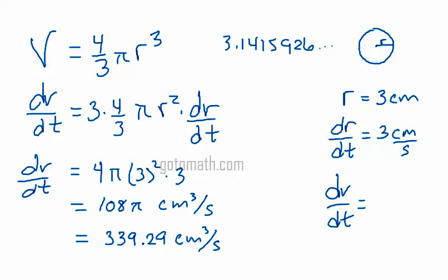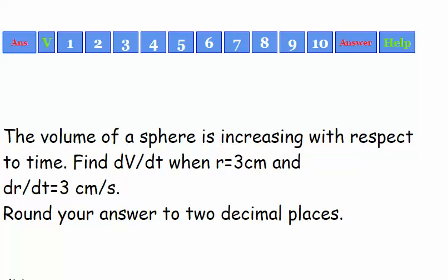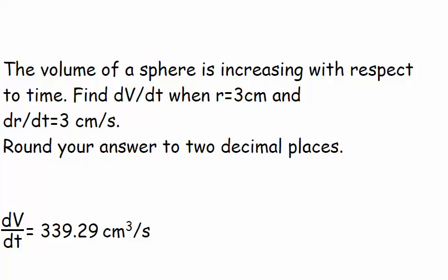Okay, let's go back to the web page, which is running in my web browser. Let me click answer here, and thank goodness that's what we got. So dV/dt is 339.29 centimeters cubed per second. That's pretty easy. You had to remember the formula for the volume of a sphere with respect to the radius.